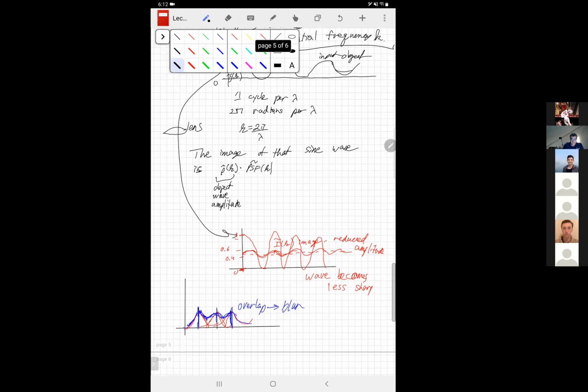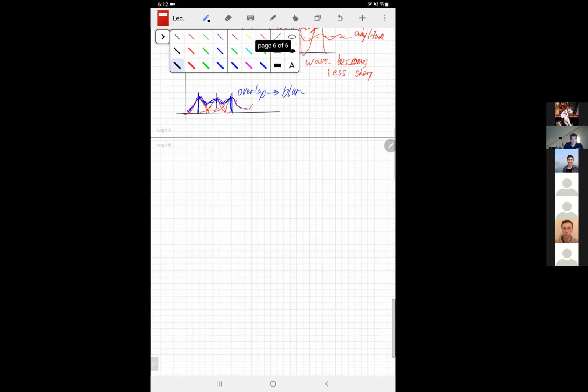And if we go back to this equation, the intensity of the image at a spatial frequency k is equal to the object times the PSF. That's just equal to the ratio of the image, or the output, to the input.